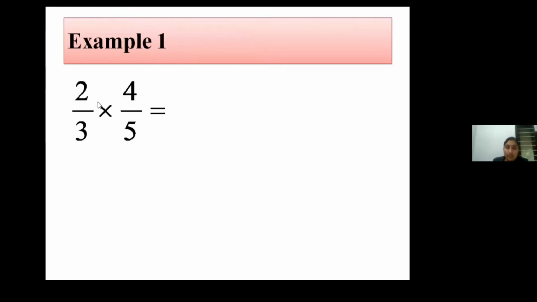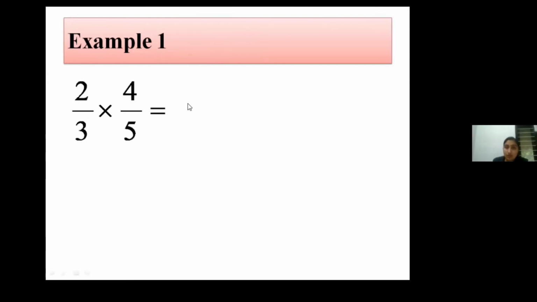For multiplying two fractions, we find the product of numerators by the product of denominators. Here the numerators are 2 and 4, and the denominators are 3 and 5.